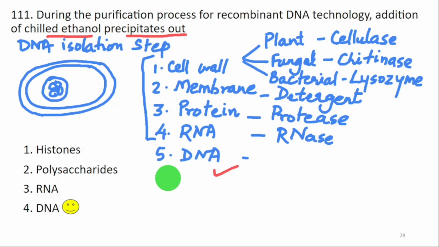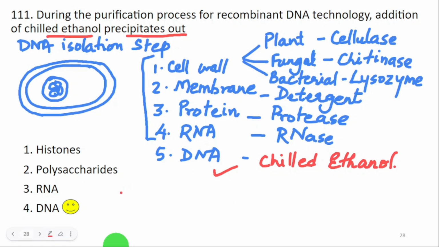So the DNA which is in the solution will be precipitated out using chilled ethanol. Because DNA is negatively charged, it is a polar molecule, and the charged molecule will come out of the solution due to excess of chilled ethanol, and then using a glass rod it is removed.